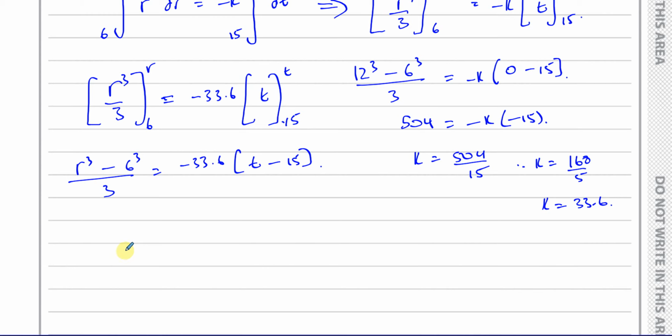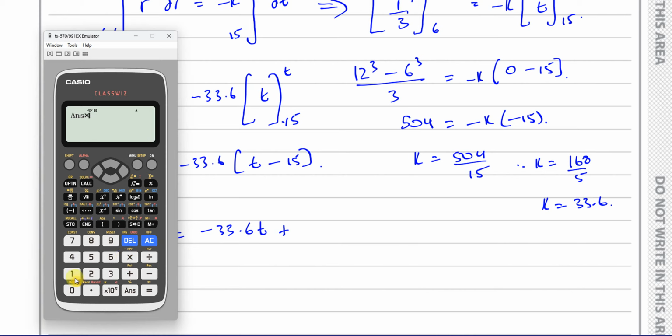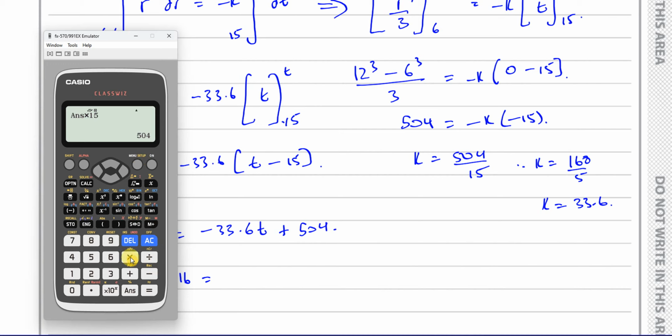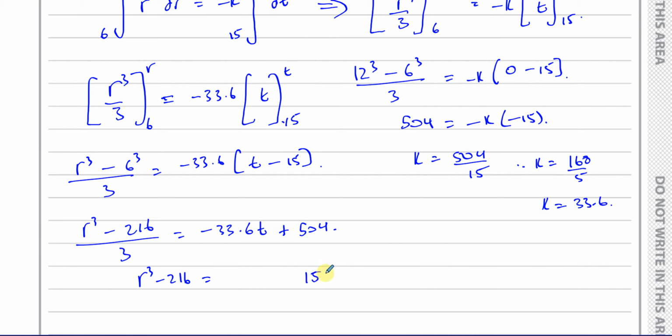Okay, so you have R cubed minus 6 cubed. So what's 6 cubed? 216, I think that is. So R cubed minus 216 over 3 equals minus 33.6 T plus this times 15, 504. So we can say R cubed minus 216 equals, if you multiply this by 3, that gives you 1,512.